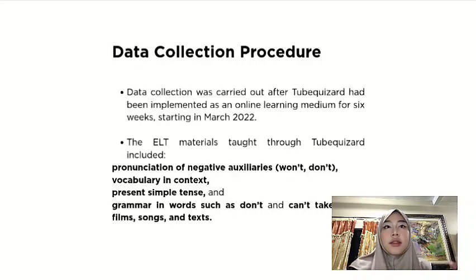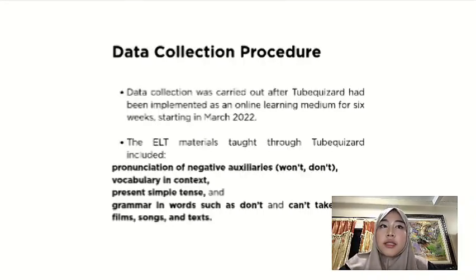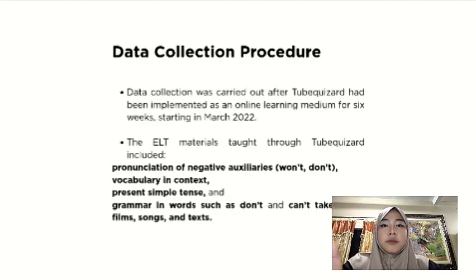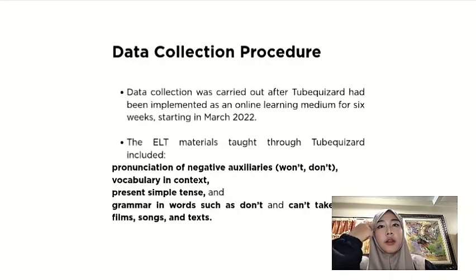The material taught through Tubequizard included pronunciation of negative auxiliaries such as won't and don't, vocabulary in context, the present simple tense, and grammar usage such as don't and can't, taken from films, songs, and texts. So, the learning process did not only focus on theory, but also used authentic context from digital media.